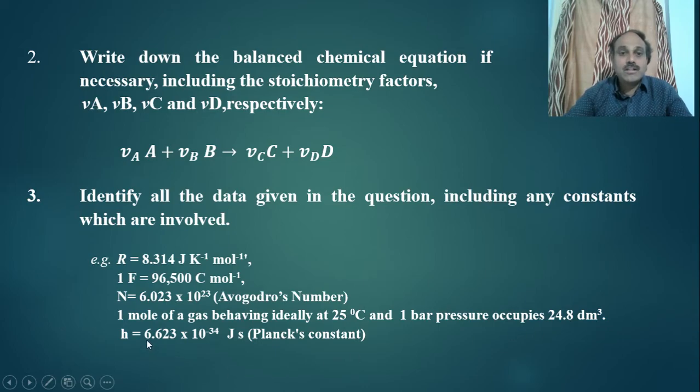Many more such constants may be required. You should identify such constants, especially if they are given in brackets in the numerical problem, and think why these constants are useful for the solution.